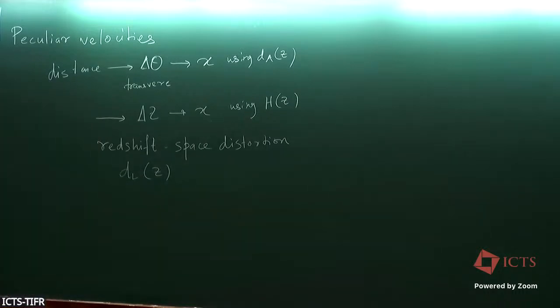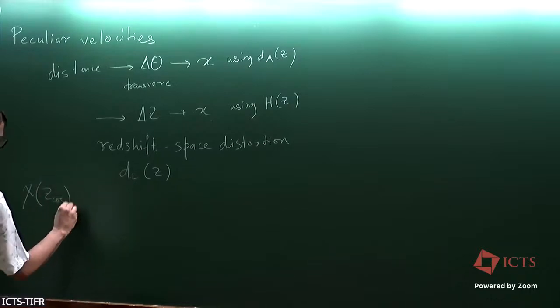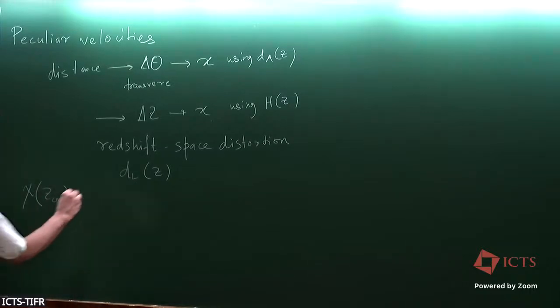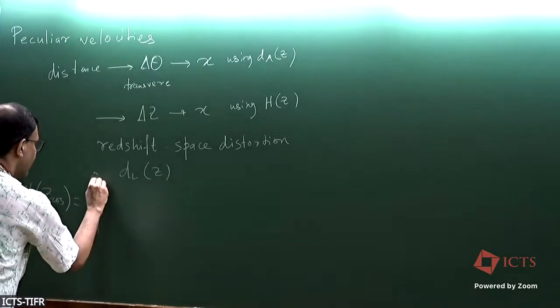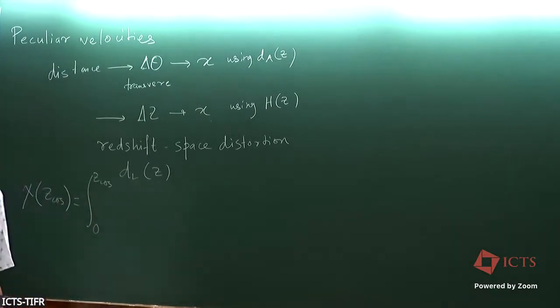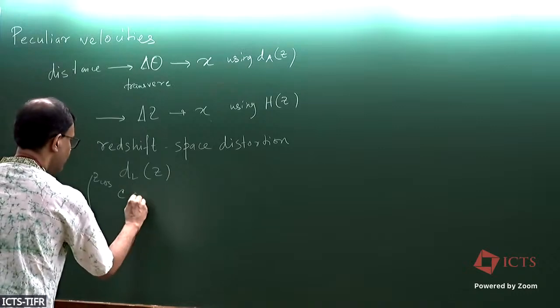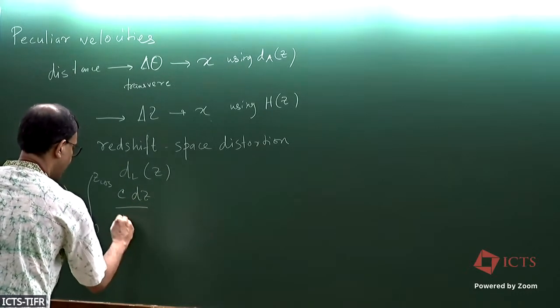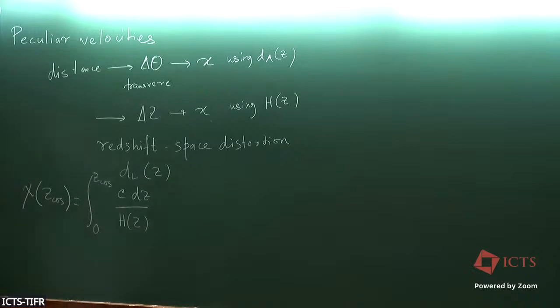So just to write some equations, suppose you observe some galaxy. If the galaxy had only cosmological redshift, then this would have been the relation between redshift and the distance to that galaxy. So z_cos is the cosmological redshift. This is assuming there are no peculiar velocities.